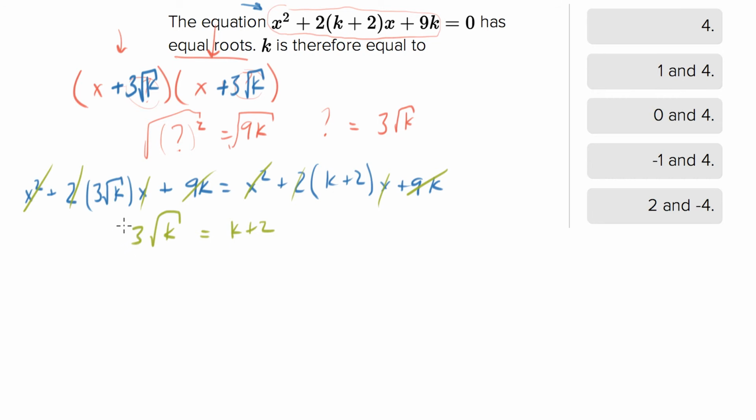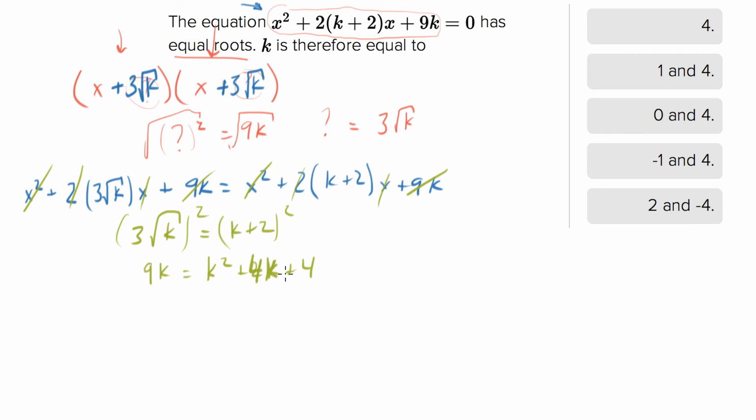This is starting to get a little hairy, but I'm pretty confident we're going in the right direction. Let's square both sides, and what we're going to end up with is a quadratic: 9k equals k squared plus 2k plus 2k plus 4.